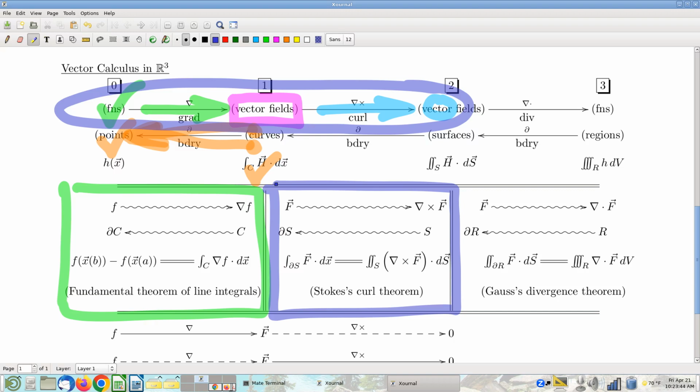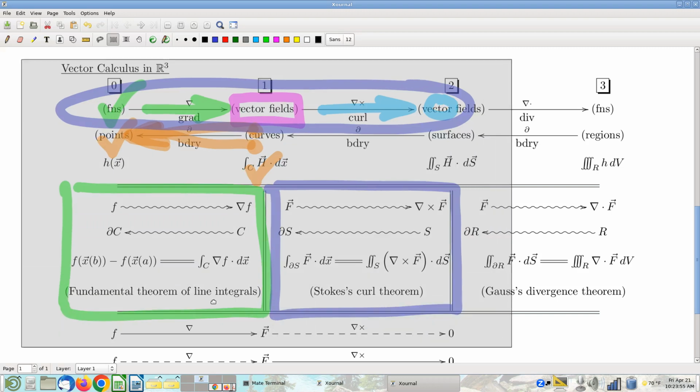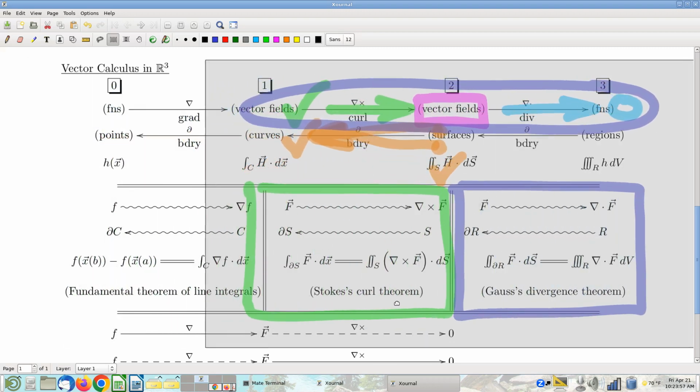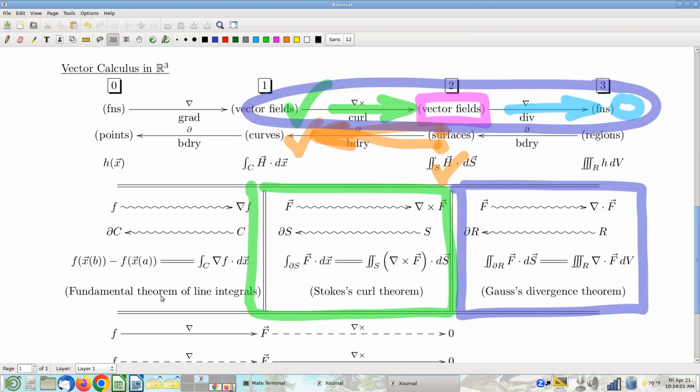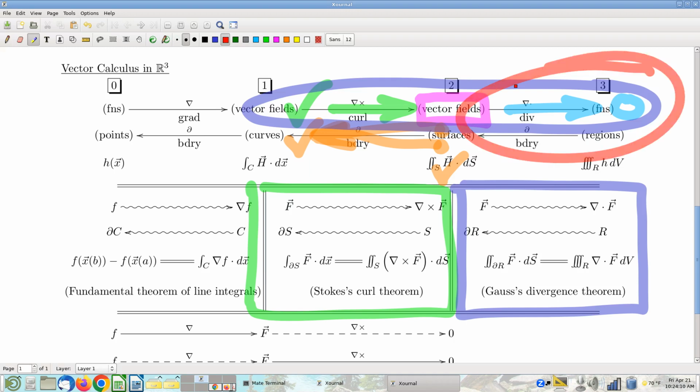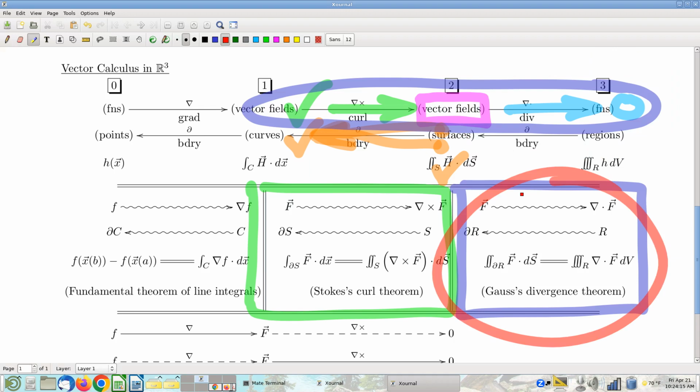And here's the beautiful fact: we also spent hours of discussion time, pages and pages of notes, talking about a different category of vector fields. It's the vector fields that are, I'm going to highlight here now, I'll use red, vector fields that are curls, for which divergence is 0, as we argued using Gauss's divergence theorem.